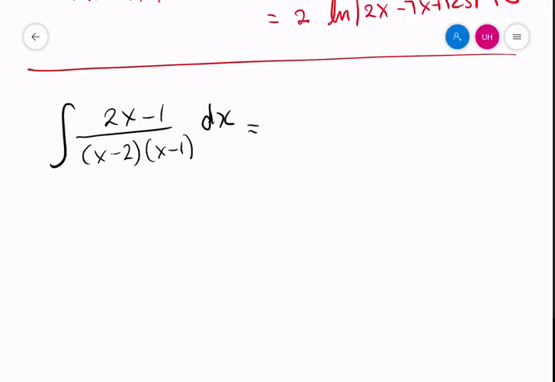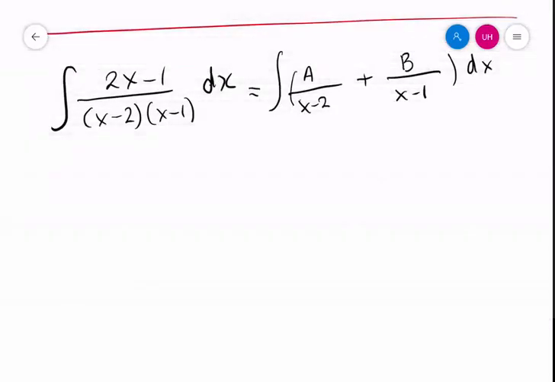So the integral of a over x minus 2 plus b over x minus 1 dx. So now we will stop the integration bit. We need to do the partial fraction first, and then we work it out.